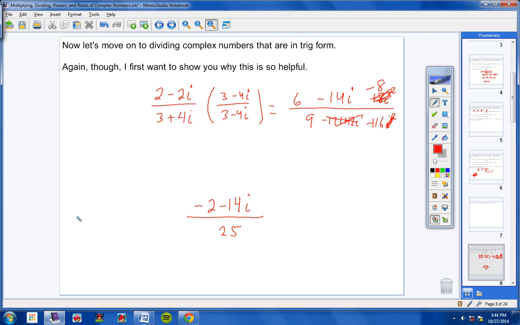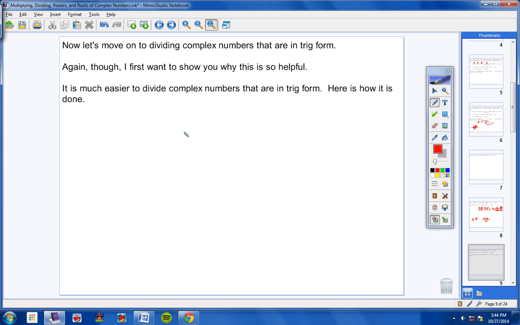So you end up with negative 2/25 minus 14/25 i. Okay? Now, that's fine, but that's a really long method, okay? So, watch how easy it is to divide complex numbers that are in trig form. It's really simple to do. Here's how it's done. Watch this carefully.